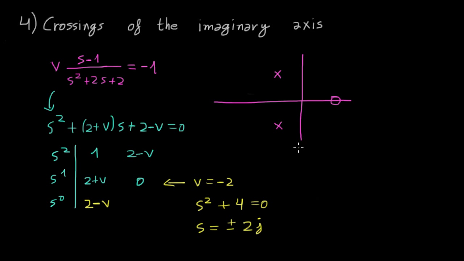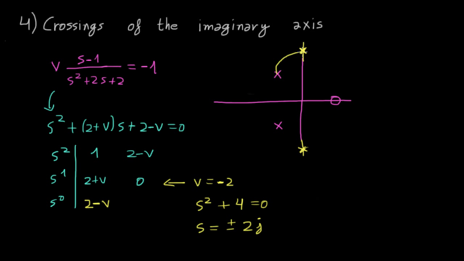So the intersection takes place at 2j and minus 2j. Also, notice that this is a negative value of v, whereas here the value of k is 1. So the signs are different, and this crossing has to be part of the negative root locus.